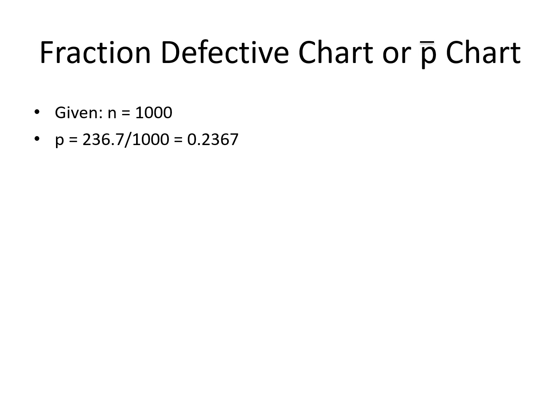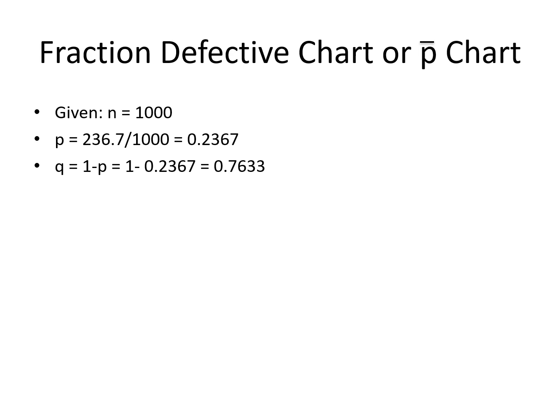The average number of defective pieces per sample we just found was 236.7. So the value of P we get is 236.7 divided by 1000, that is, the fraction of the sample which is defective is 0.2367.